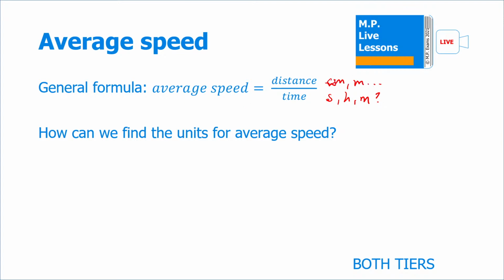So when you divide the unit for distance by the unit for time, your average speed will look like the unit for distance divided by the unit for time.